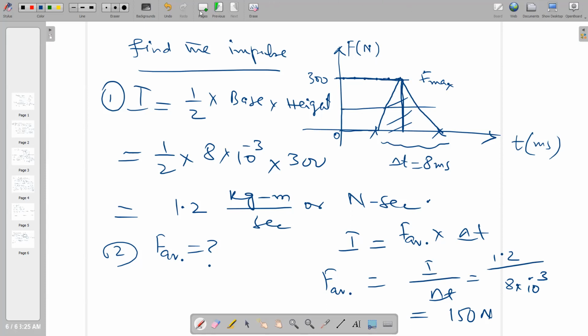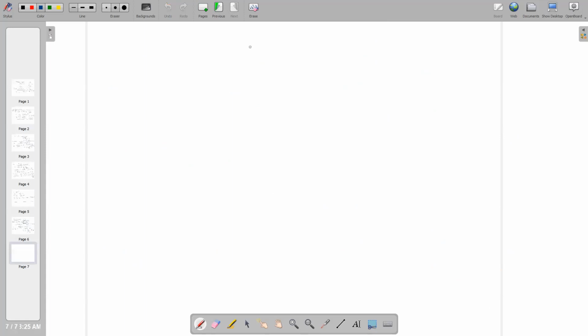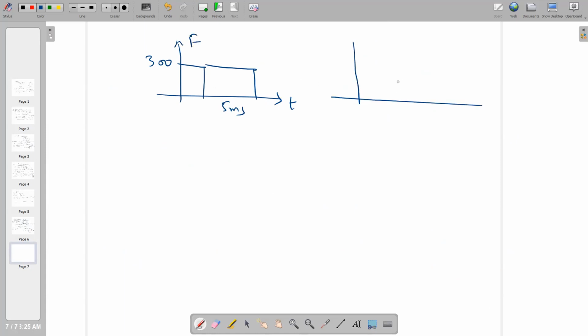After this, we have two graphs. One has 5 millisecond and its value is 300. This is the time versus F of t graph. And then we have another graph.